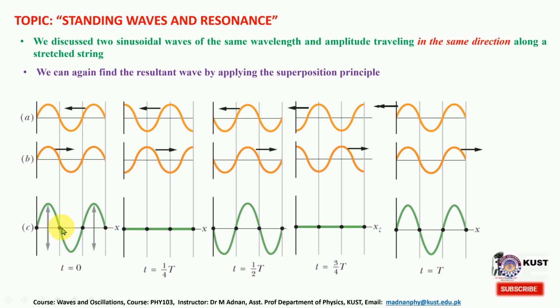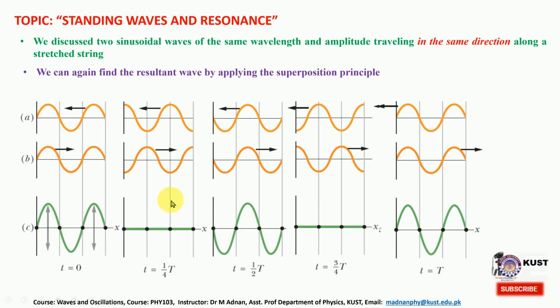But these points, which are represented by these black dots, are known as nodes, and they are not moving. That is, they are points on the string having zero displacement. That is different from the traveling wave situation, and that's why these are known as standing waves, because some portions are still performing simple harmonic motion, but there are some points on the string which do not move.